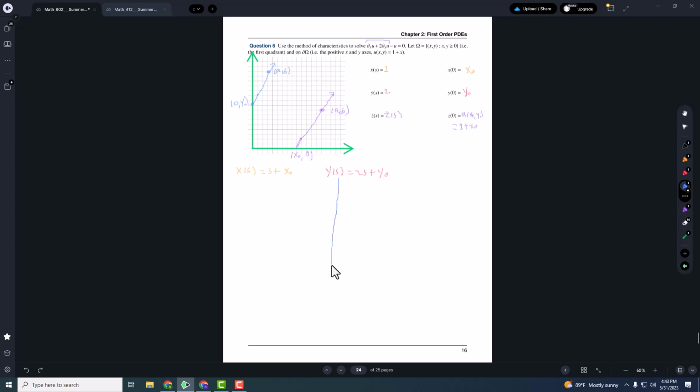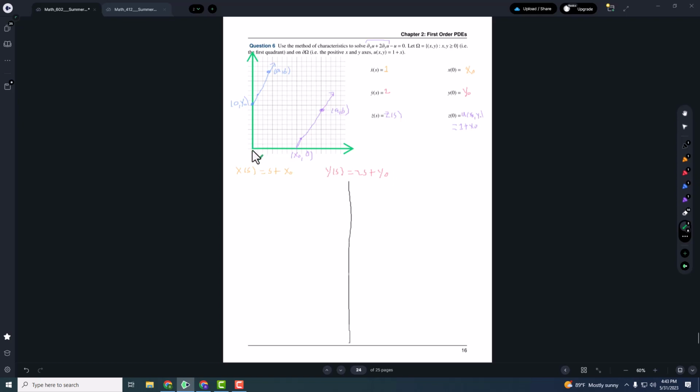Okay, and I'm going to basically solve two problems and then put the solution together. Let me just draw a straight line here. The first thing I notice is that there's a dividing line that happens at 0, 0, where x naught is 0 and y naught is equal to 0.